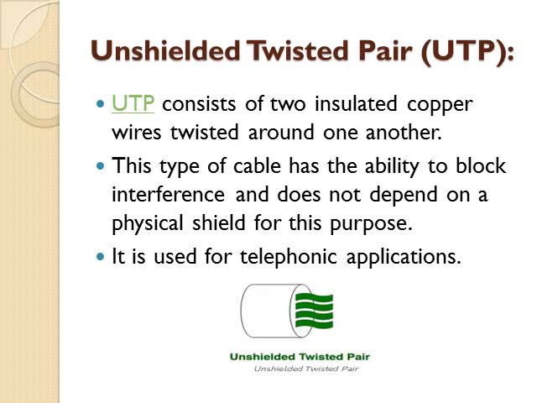Unshielded twisted pair wire consists of two insulated copper wires twisted around one another. This type of cable has the ability to block interference and does not depend on a physical shield for this purpose. It is used for telephonic applications.